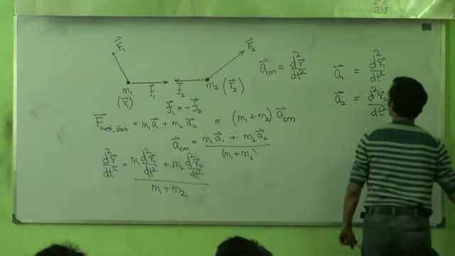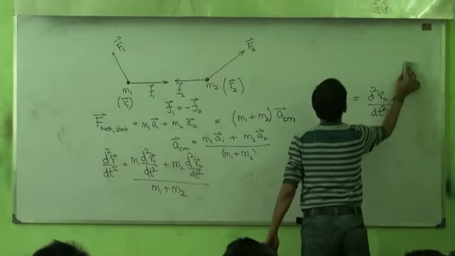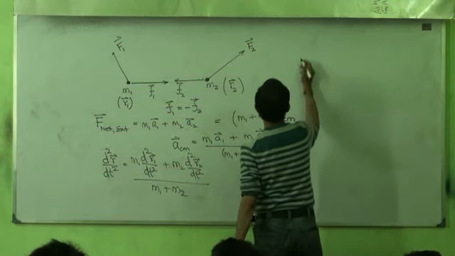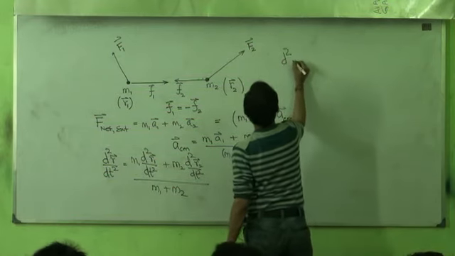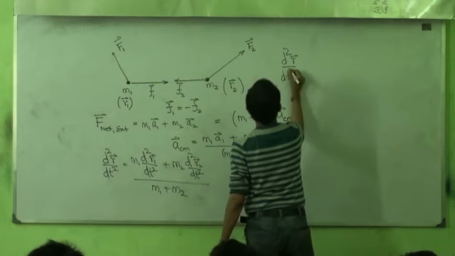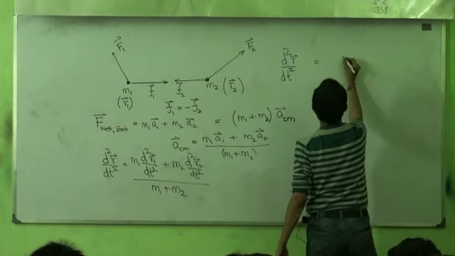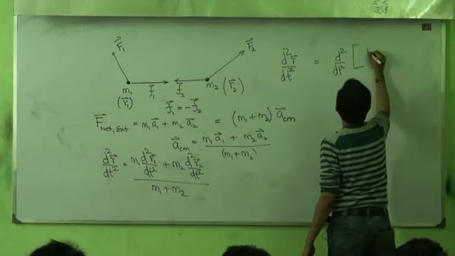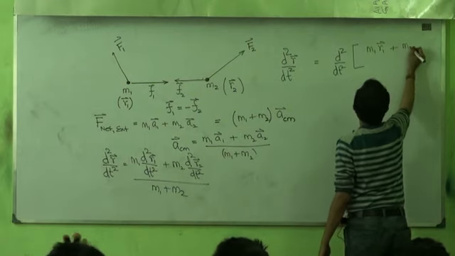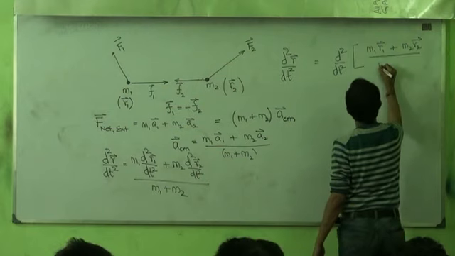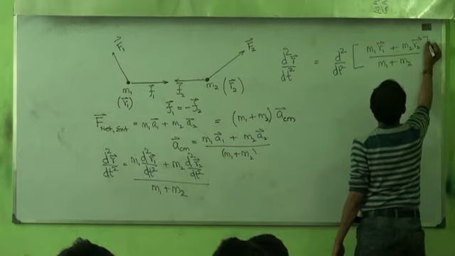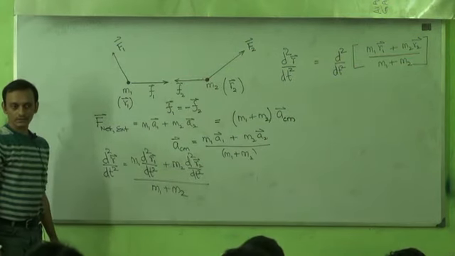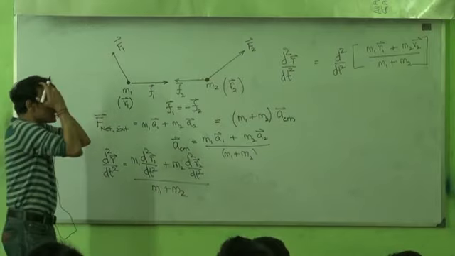Can I not rewrite this as d²R/dt² as the second derivative of (m1 r1 plus m2 r2), could equivalently do this? Yes or no? Which means, what is this R?